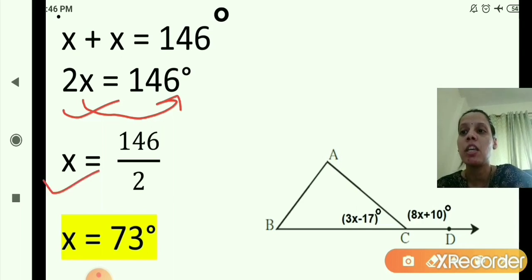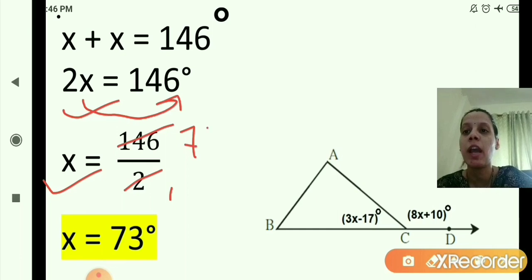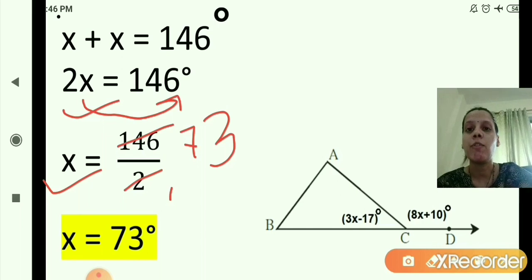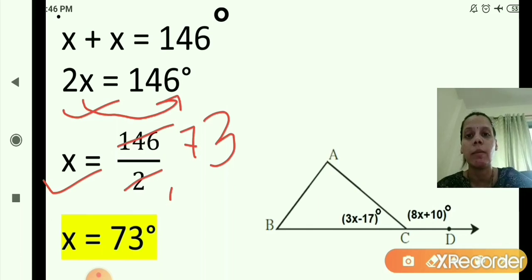So x is equal to 146 divided by 2. Now do this. 2 ones are 2, 2 sevens are 14, and 2 threes are 6. Correct. So what is the answer? 73, right. 146 divided by 2 is 73 degrees. So x is equal to 73 degrees.